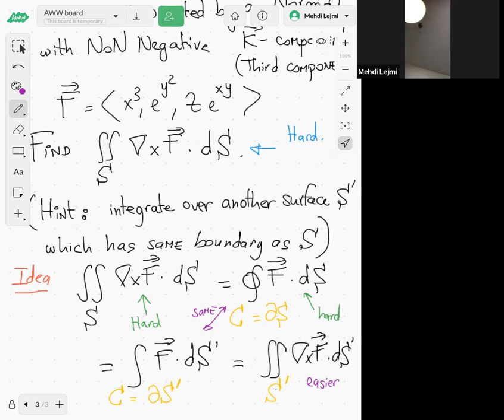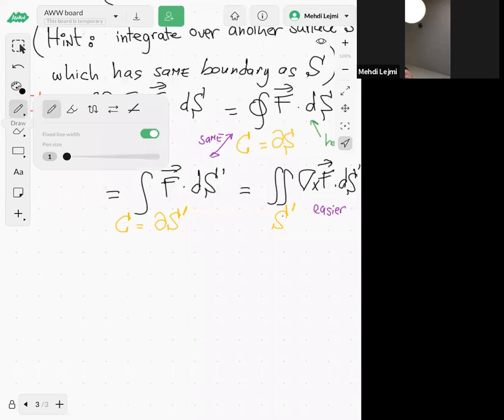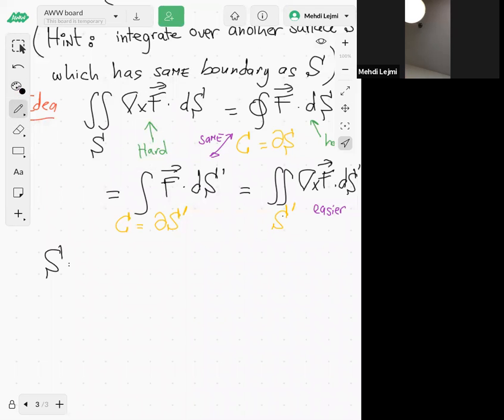So you may ask, well, what will be this surface S prime in this case? Well, you can try to graph your surface S, like in this exercise number 2. Your S is just the graph of z equals 4 minus 4x squared minus y squared, with z positive. In other words, 4x squared plus y squared is less or equal to 4.